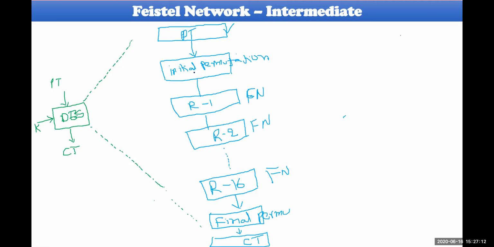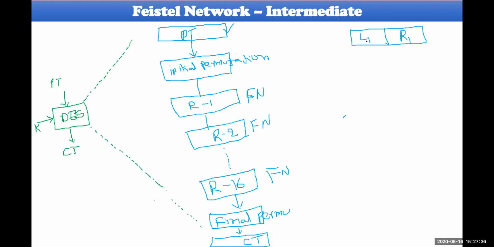Your bits will be permuted, and after this permutation, as we have seen in the Feistel network, the total 64 bits of data will be divided into two halves. The first half is called L1, and the second half is called R1 here.